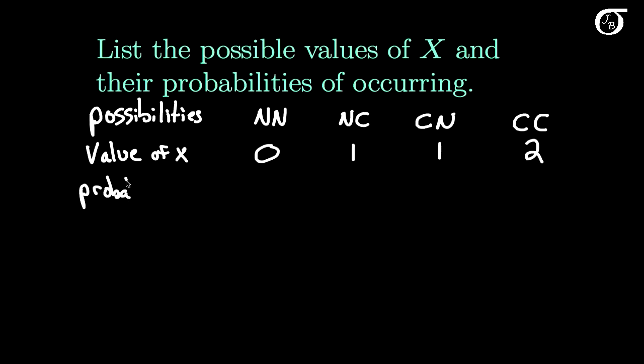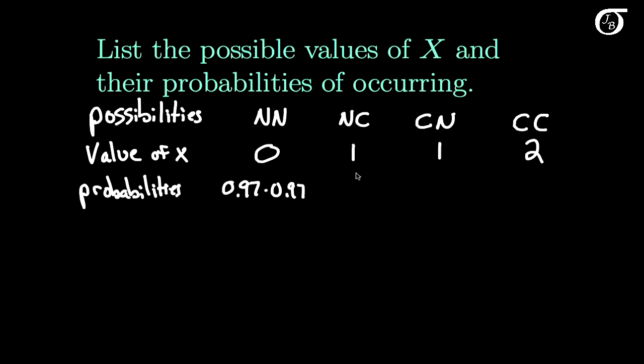So if we calculated the probabilities of these things happening, if we are sampling randomly and independently, and the probability that a person is under correctional supervision is 3%, the probability they're not is 97%. And if they're randomly and independently sampled, we can simply multiply those probabilities together here. So the probability of getting N and then N is 0.97 times 0.97.